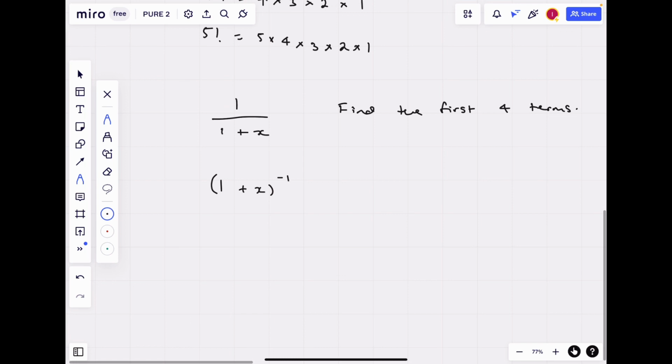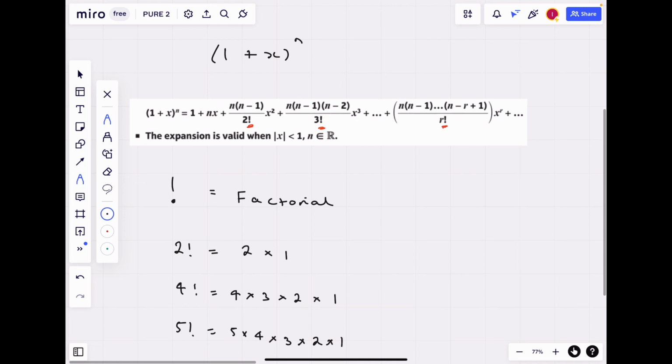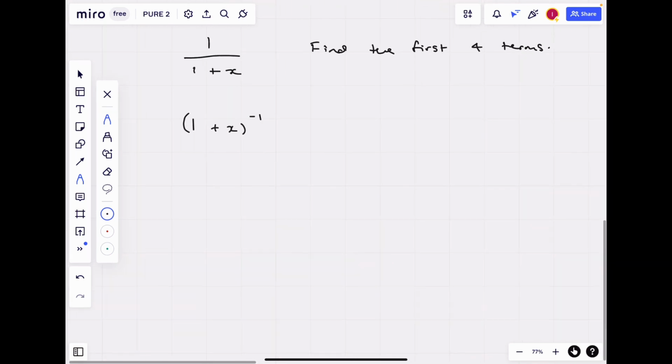We have a negative number for our power, so we can use the factorial notation. In the factorial notation, we always start with 1. Okay, so we do 1 plus, and then it goes nx. So n is minus 1 times by x, like that.